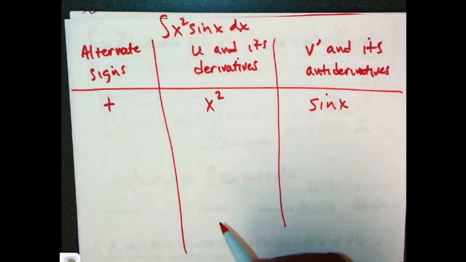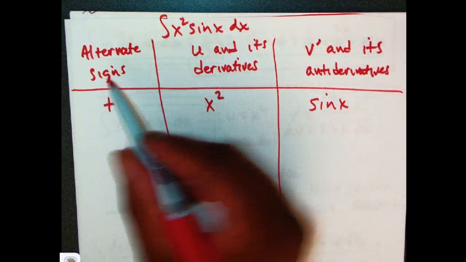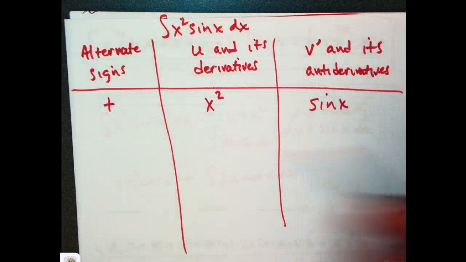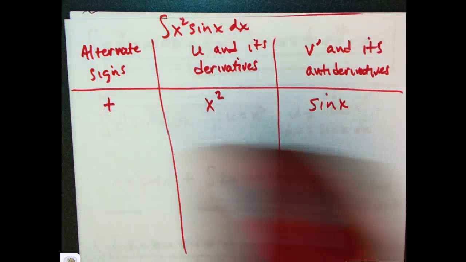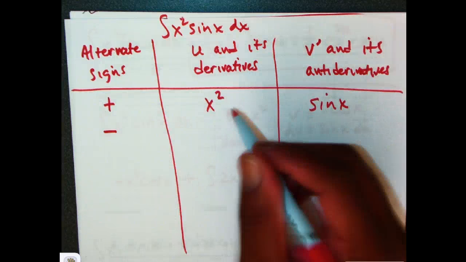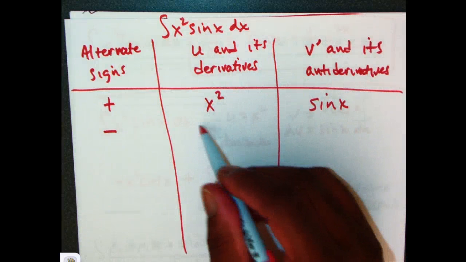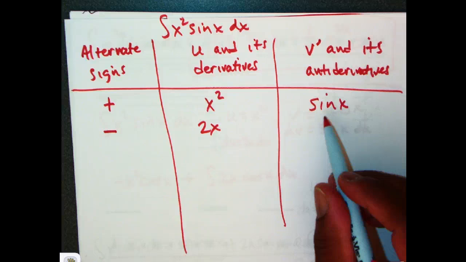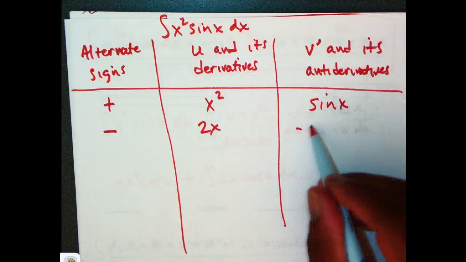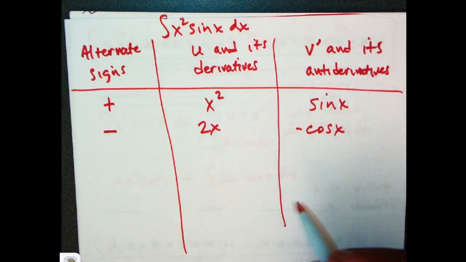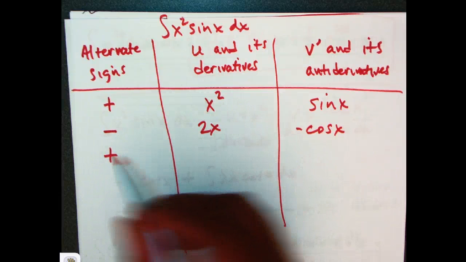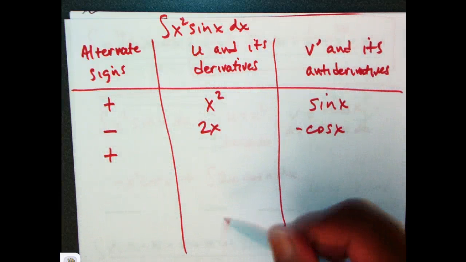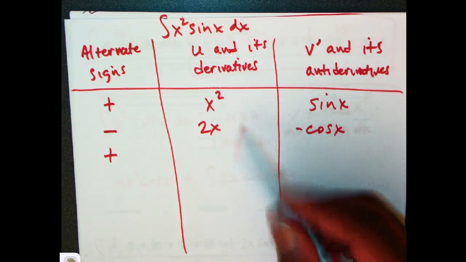Now we're going to always alternate signs with each of our rows here. So because we started off positive, this becomes negative. The derivative of x squared is 2x. The antiderivative of sine of x is negative cosine of x.